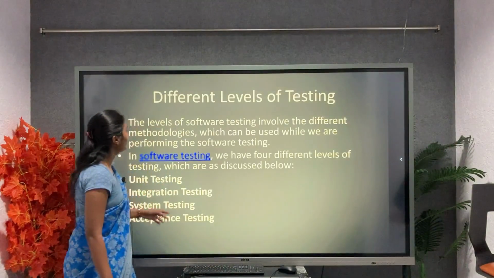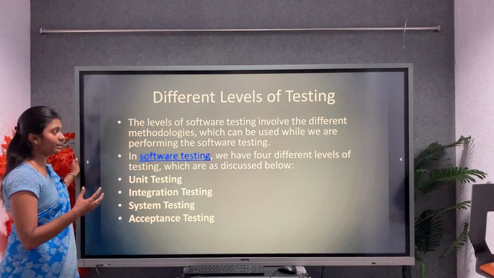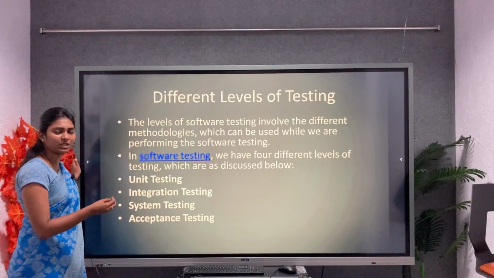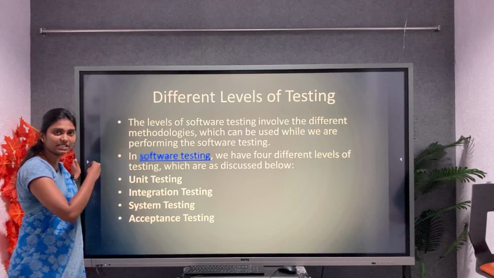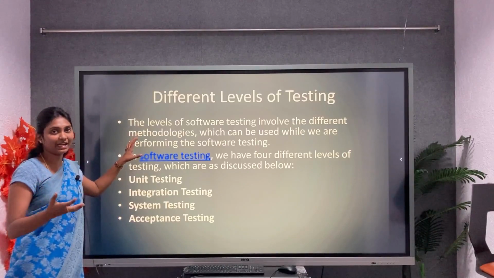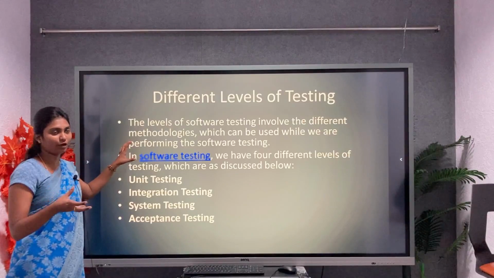Next, the different levels of testing are defined for different methodologies. Unit testing, integration testing, acceptance testing, system testing, all these testings correspond to defined methodologies and standards. Particular standards we follow to develop software testing.